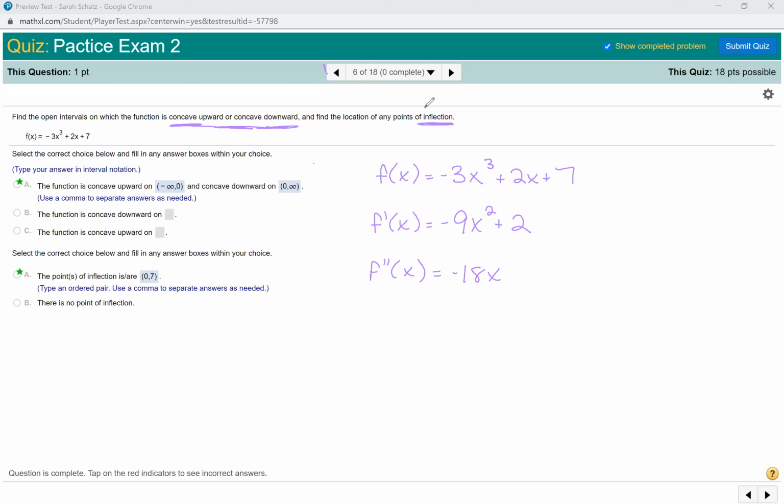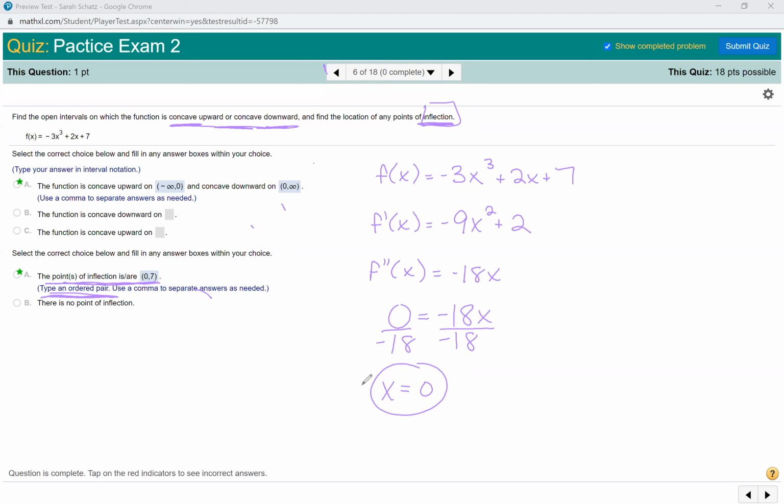Now, the first thing I would do is go ahead and find inflection points. So how do I find inflection points? Remember, critical points is where you set the first derivative equal to 0, but for inflection points, we get to set the second derivative equal to 0. So just make this 0 equals negative 18x. So what do we get for your inflection point here? Isn't that just 0 when there's just 1? And notice it says, and it will remind you, type an ordered pair. Once you find this 0, how am I going to find the y value that goes with it?